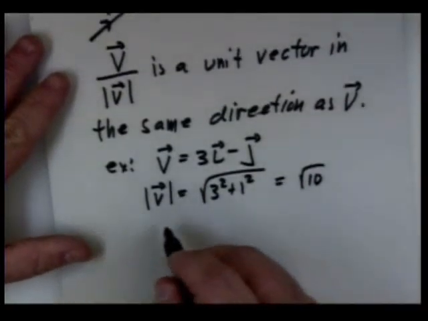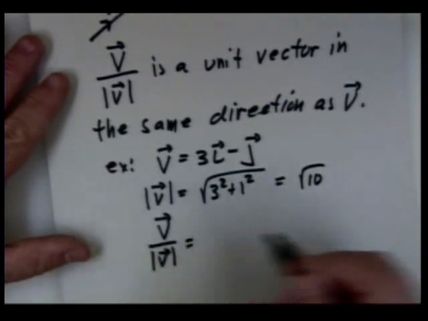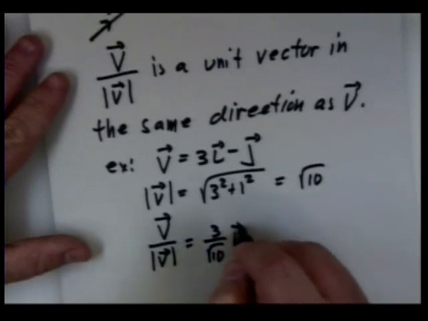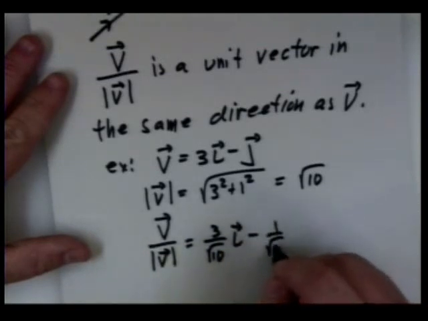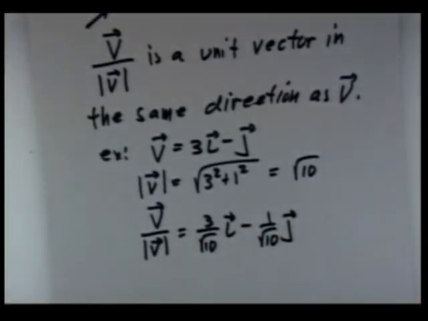And so, you see, if I take vector v and divide it by the magnitude of vector v, I get 3 over the square root of 10 i minus 1 over the square root of 10 j. That's got the same direction and has magnitude 1.